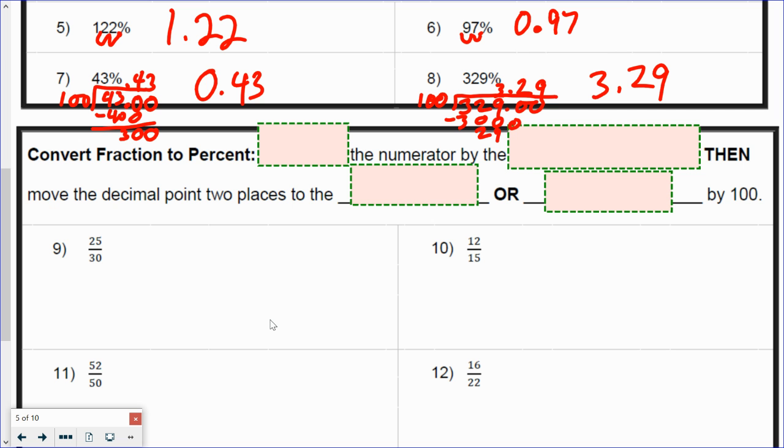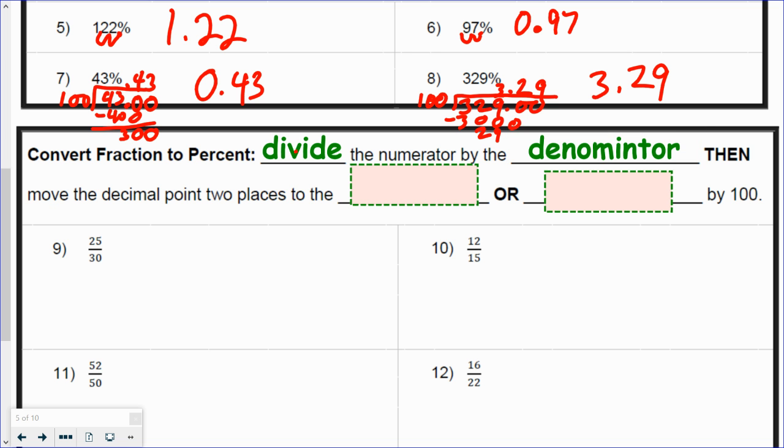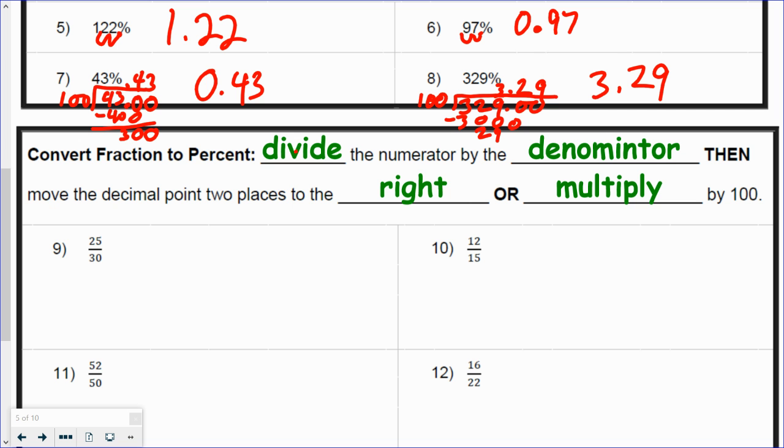So this way, if we're taking a fraction and we want to turn it into a percent, we are going to divide our numerator, the top number, by the denominator, the bottom number. Then we have to move the decimal place 2 places to the right. That's one way you could do this. Or instead of moving your decimal 2 places to the right, you would multiply by 100.